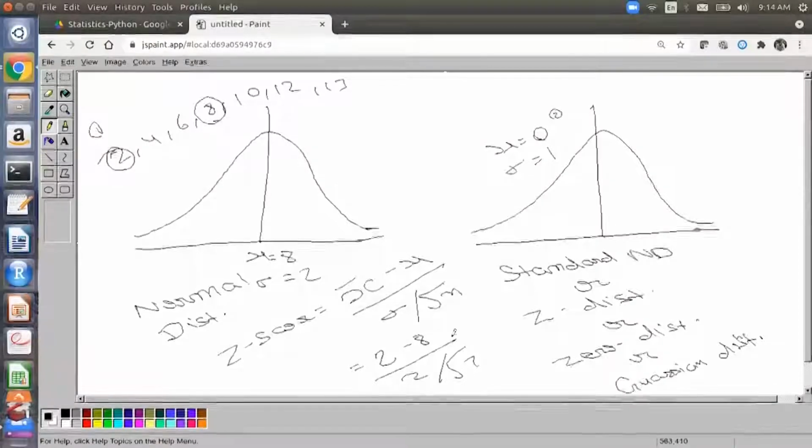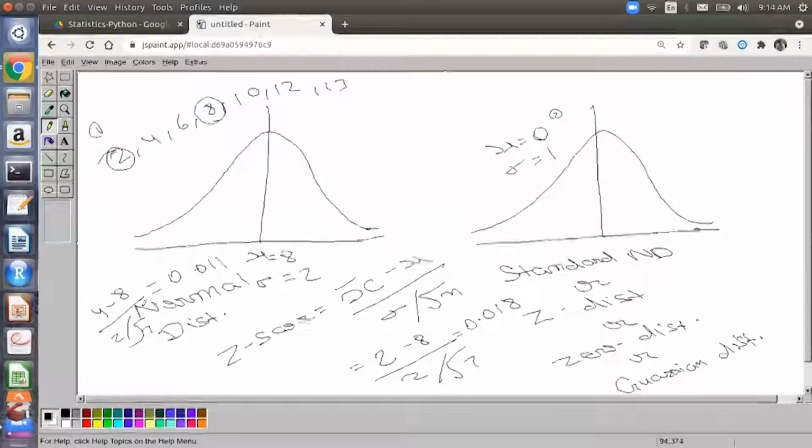So for 2 I will generate some value, 0.018. Then for 4 I will again calculate 4 minus 8 divided by 2 divided by under root 7, and get some value, 0.011, something like that. So for each value I will generate one z-score. When each value gets a z-score and you plot it onto the standard normal distribution, the z-score has the specialty that it generates the scores in such a way that mu will always be 0 and sigma will always be 1.